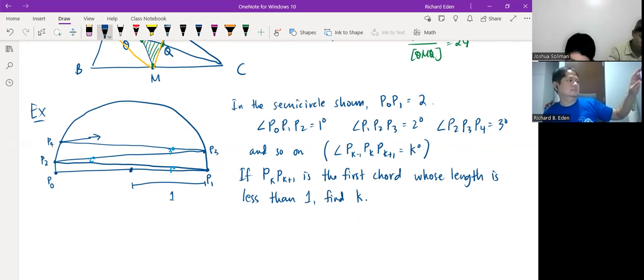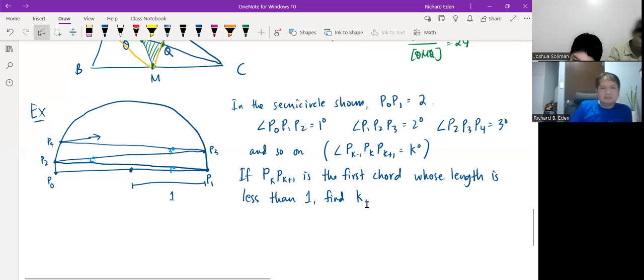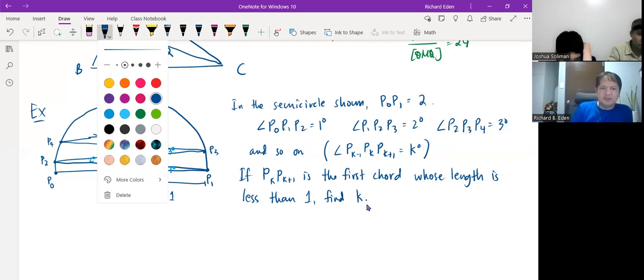I'm rather satisfied by this problem. Okay, so now let's write down some measurements of some arcs.